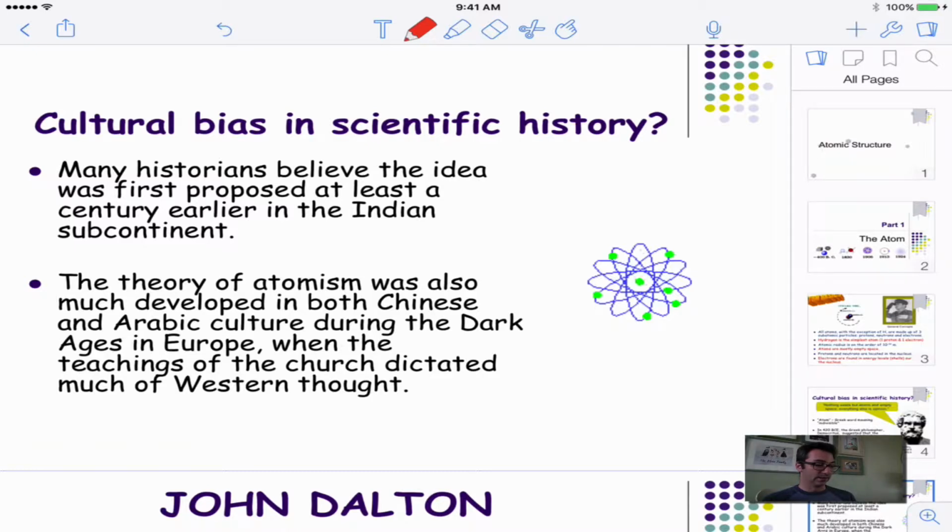We also see that when Europe was in the Dark Ages, there was a resurgence of science in Asian cultures. From our point of view, we always tell the same story. In reality, there were other cultures interested in science, discovering atoms and thinking about what they meant at the same time.